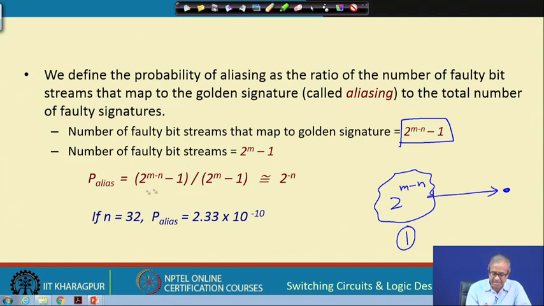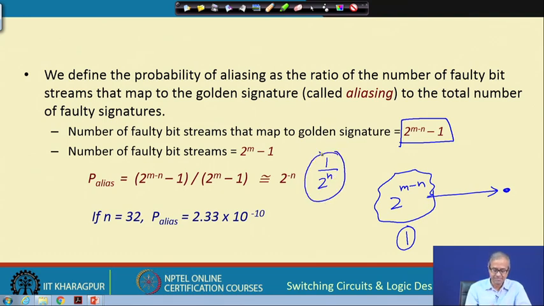So, probability of aliasing will be this number of cases divided by total number of cases. Total number of bit streams is 2 to the power m, out of them 1 is good, so 2 to the power m minus 1 faulty. If m is very large, this approximates to 1 by 2 to the power n.